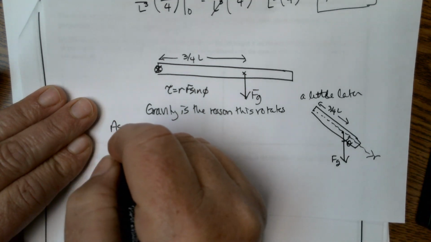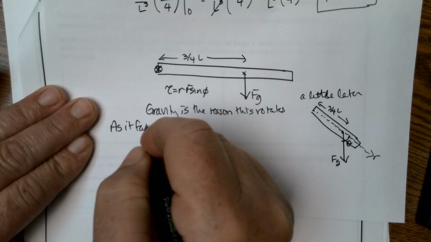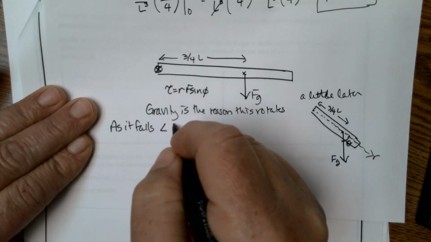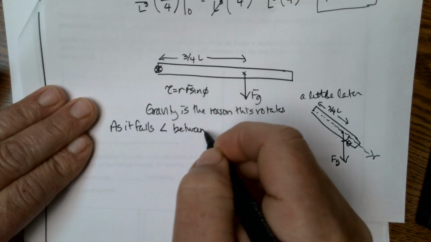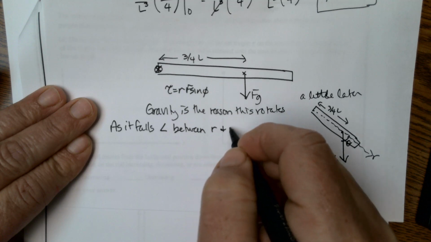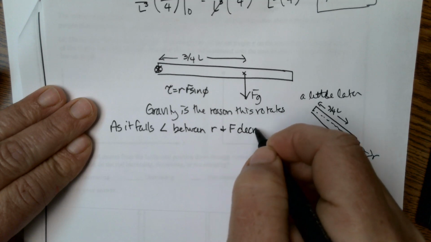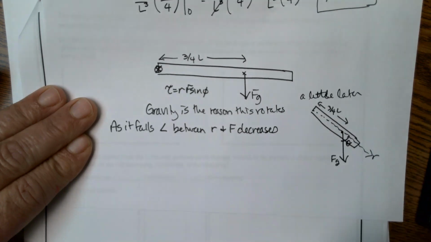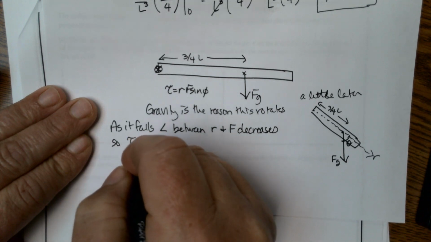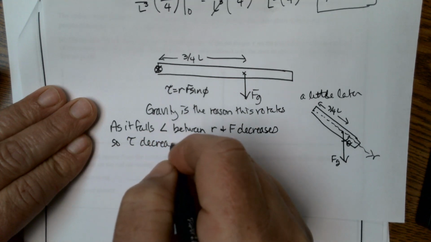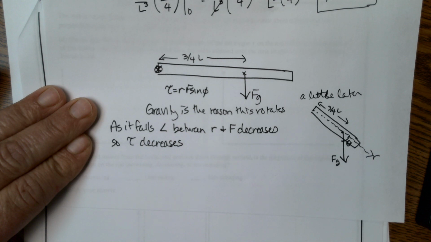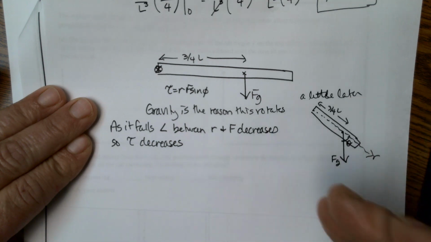So as it falls, the angle between R and F decreases. So the torque decreases. And this is how I'm going to know what to draw on this thing.